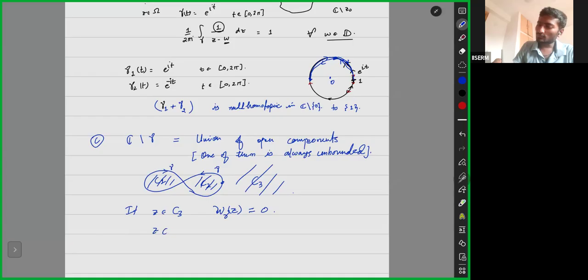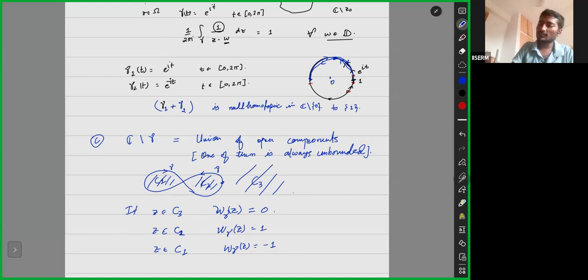For this particular situation I'm talking about, for Z belonging to C2, the winding number is 1. And if Z belongs to C1, the winding number of Z is -1. So it depends on the orientation of curve gamma.